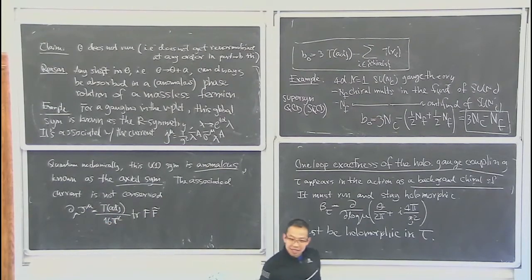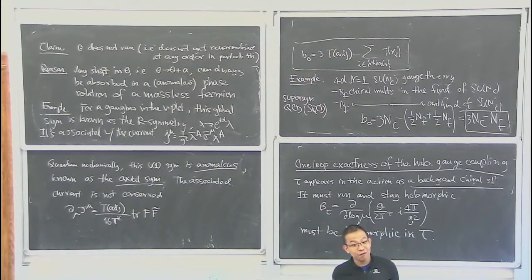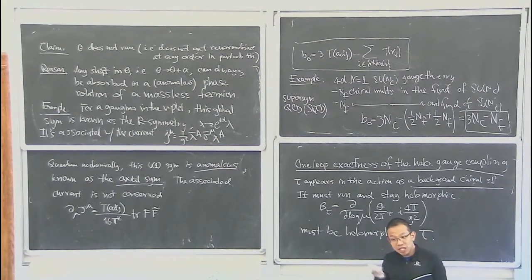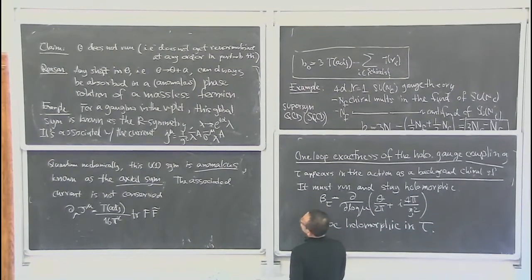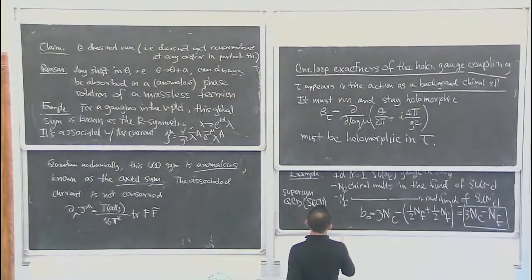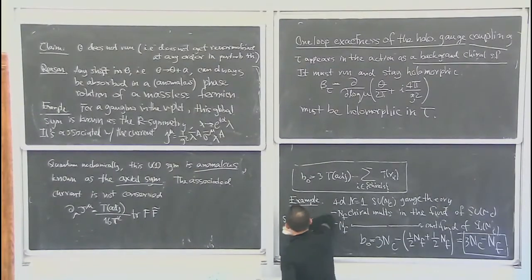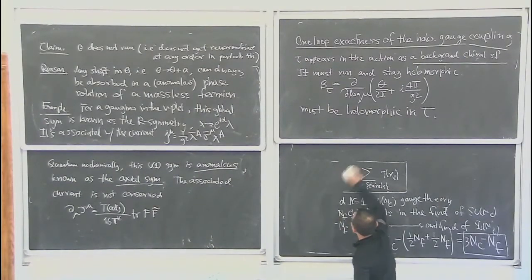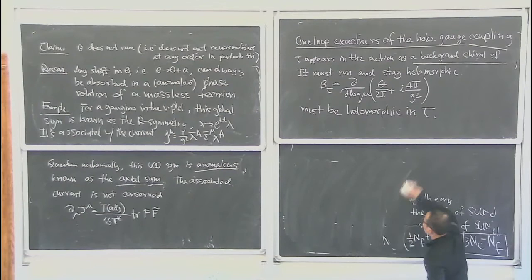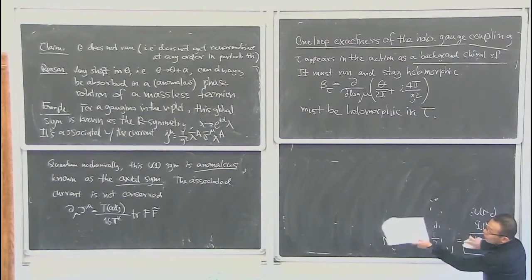Now, if you have learned, there is a method for anomalies called Fujikawa, right? This corresponds to the shift in the path integral measure. So let's do this on the board. You see, it's a generalization of J5.